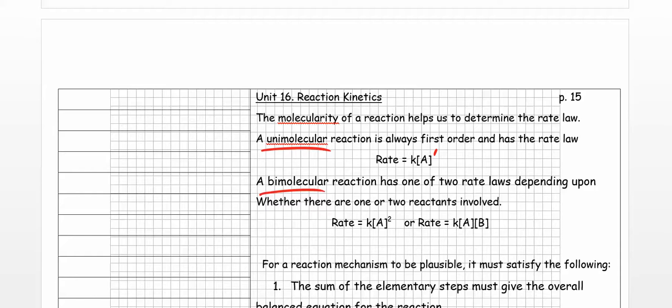If it's the same type of molecule, the rate law would be rate is equal to k times A squared. 2 molecules involved, but they're the same. If it's 2 different molecules, rate is equal to k times the concentration of each of those 2 different molecules.